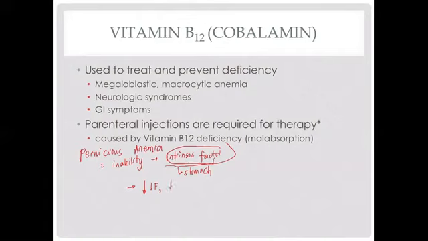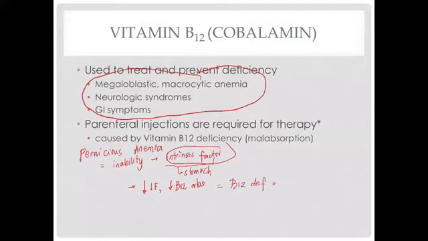Hence, there is reduced B12 absorption or malabsorption of vitamin B12. That's why the patient could develop vitamin B12 deficiency, and this could lead to problems like megaloblastic anemia, neurologic symptoms, and gastrointestinal symptoms. Okay?